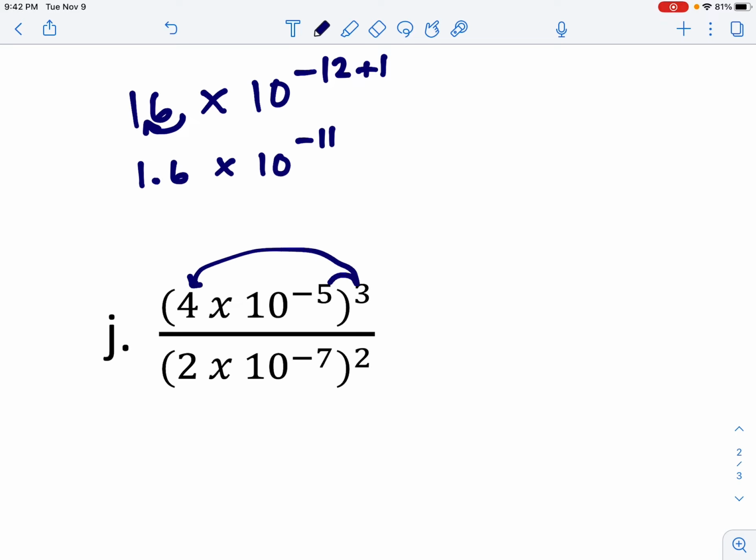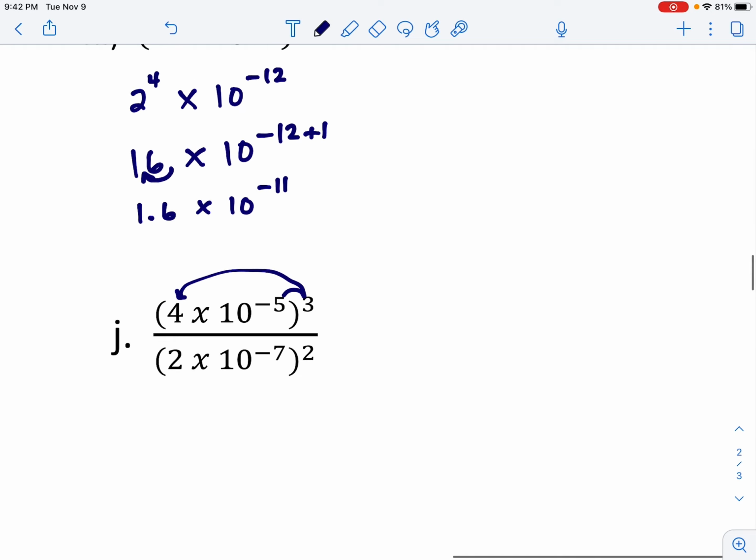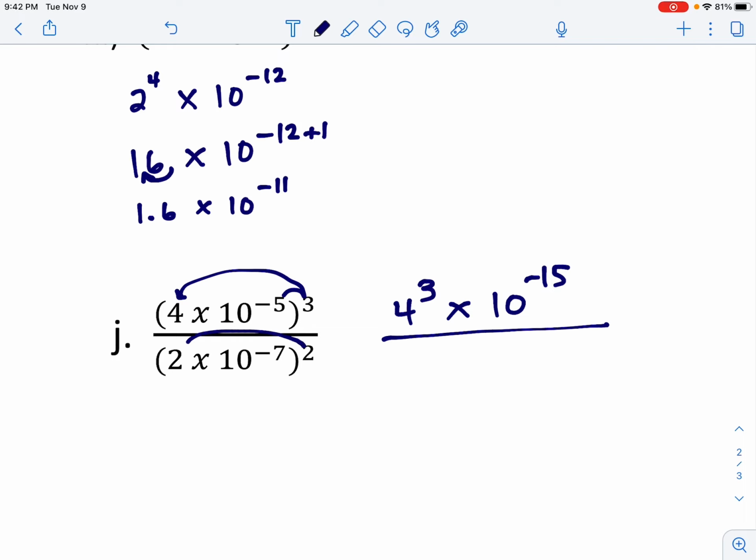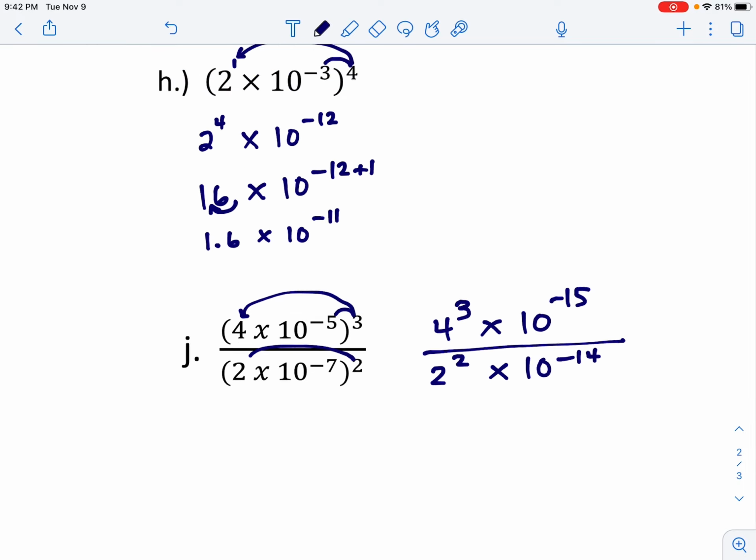We're also going to distribute it to the negative 5. So that's going to give us 4 to the third times 10 to the negative 15, because we multiply those exponents, over, we have to do the same thing for this one, 2 squared times 10 to the negative 14, okay?